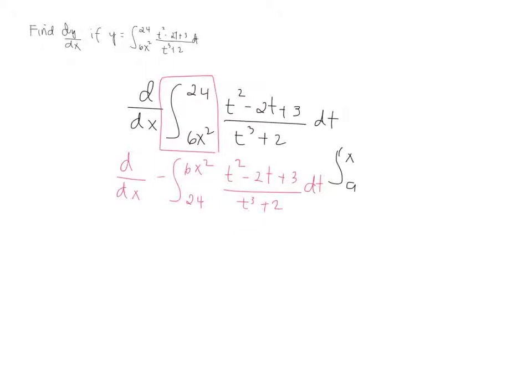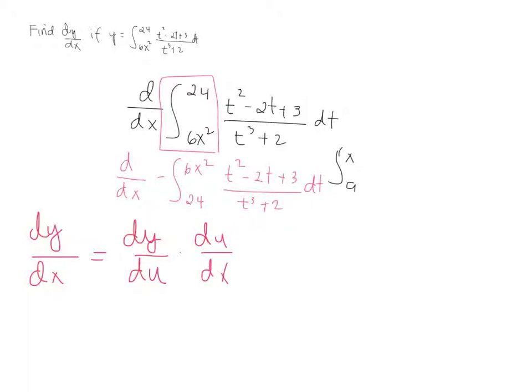Remember that the derivative of any given function y with respect to x is the same as dy over du times du over dx. So we need to introduce a u, and in this case the u should be 6x squared. And with this, du over dx is equal to 12x.